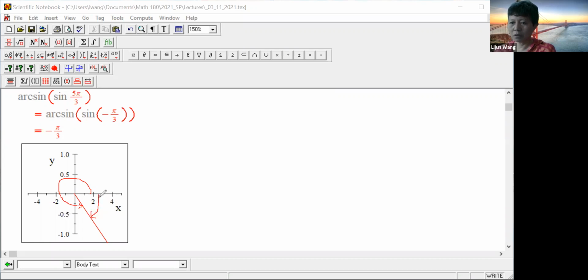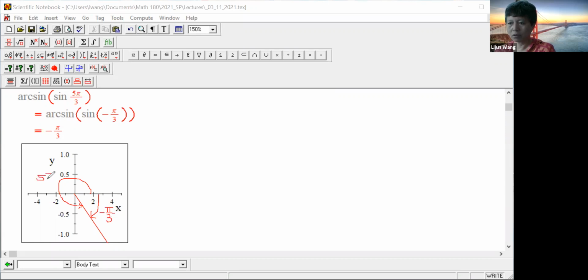But if this same terminal is measured from the standard position, the smallest opening would be negative pi over 3. So this is negative pi over 3, and this is 5 pi over 3.